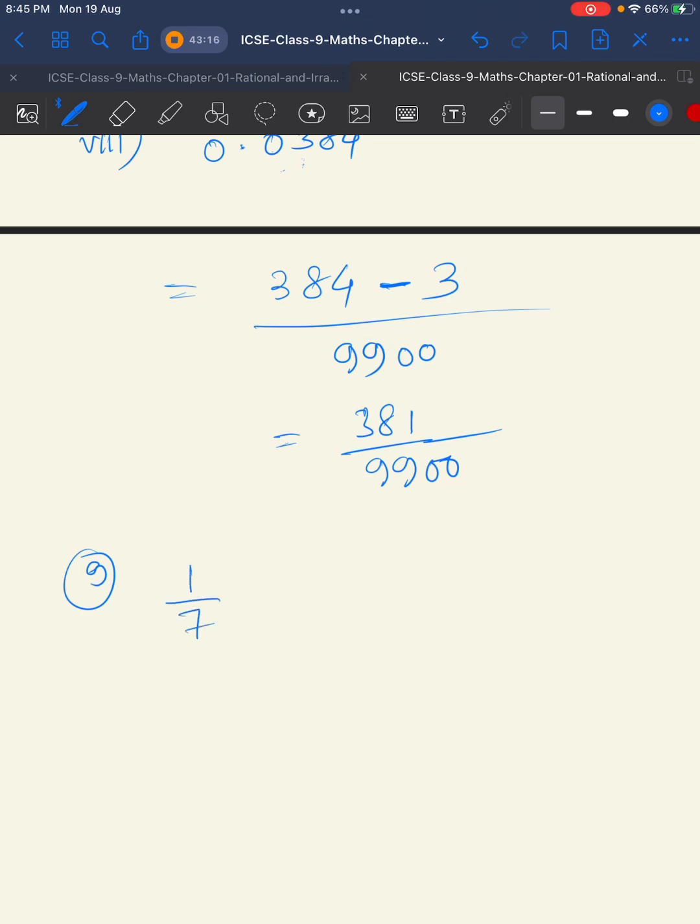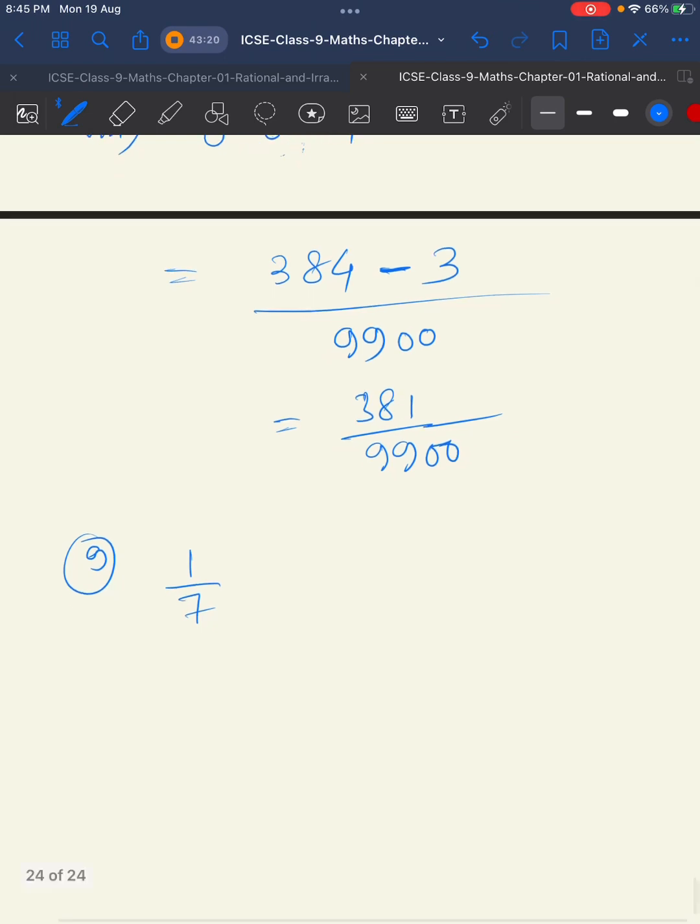So first we have to find the decimal representation of 1/7. Now we will do division here. 1 is divided by 7, 1 is lesser than 7, so we put a point in the quotient, and here will be 0.